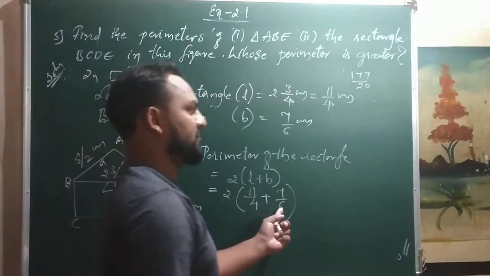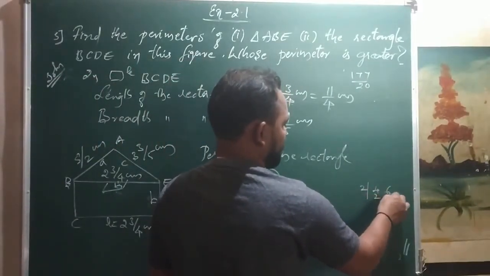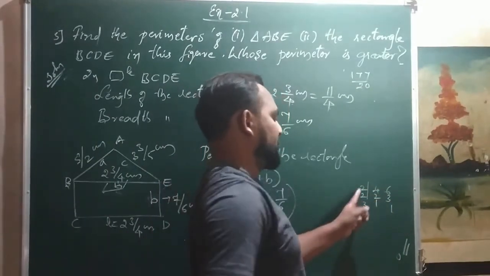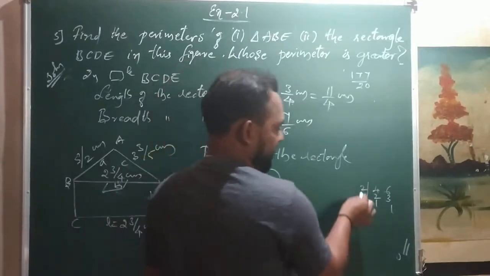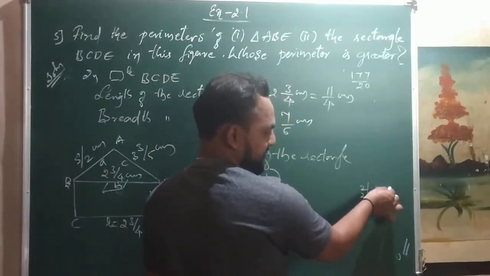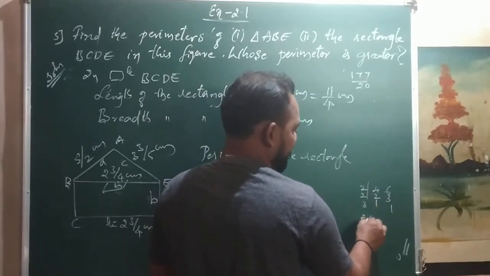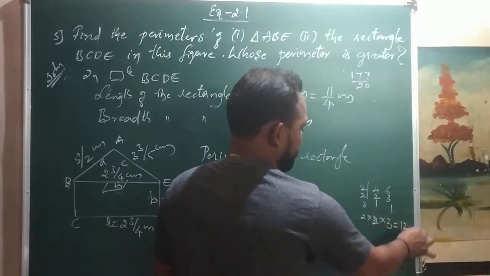Then 4 and 6 are the denominators, take the LCM of 4 and 6. 2 2s are 4 and 2 3s are 6. 2 into 3 is 12.